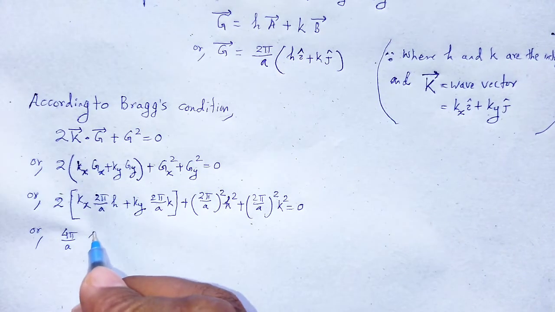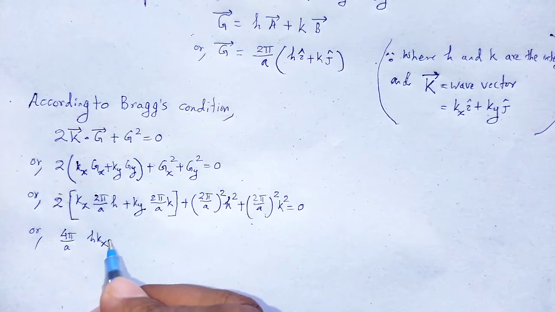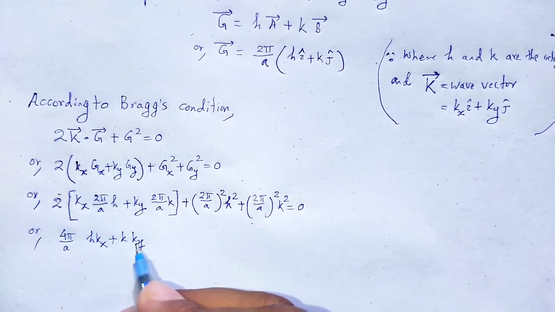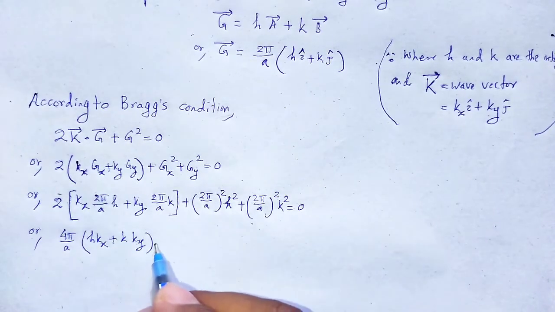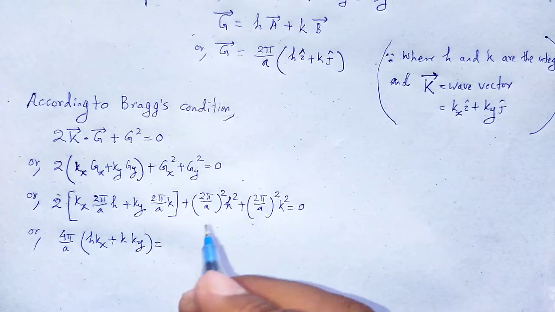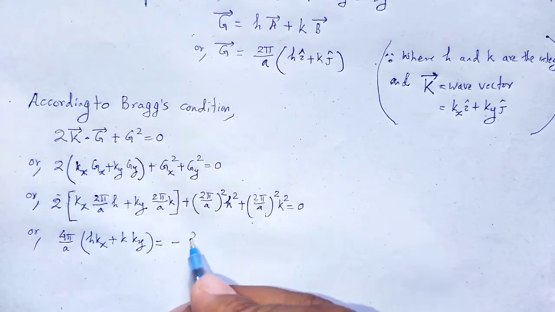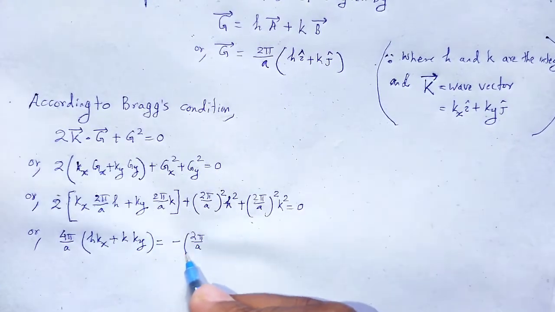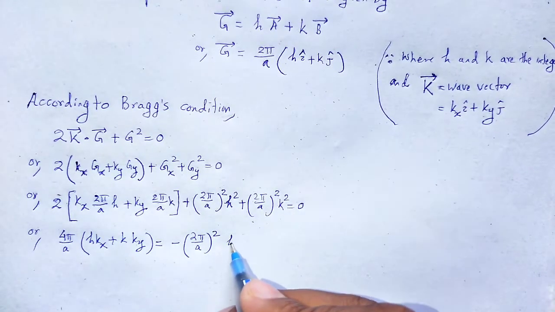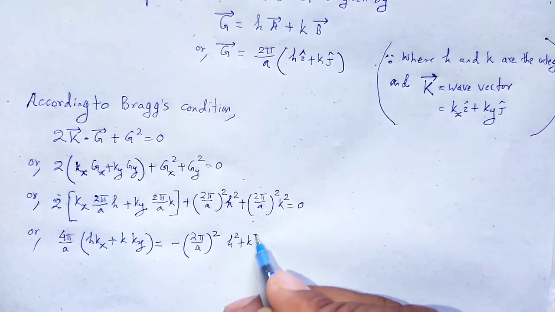In that bracket we have h kx plus k ky is equal to, taking these two terms to that side and taking common 2 pi by a, minus 2 pi by a square, inside that bracket h square plus k square.